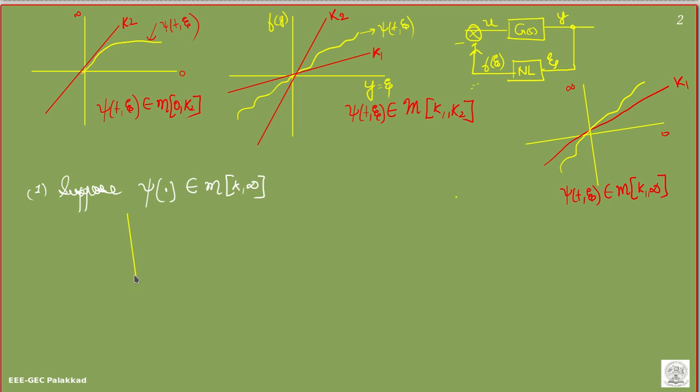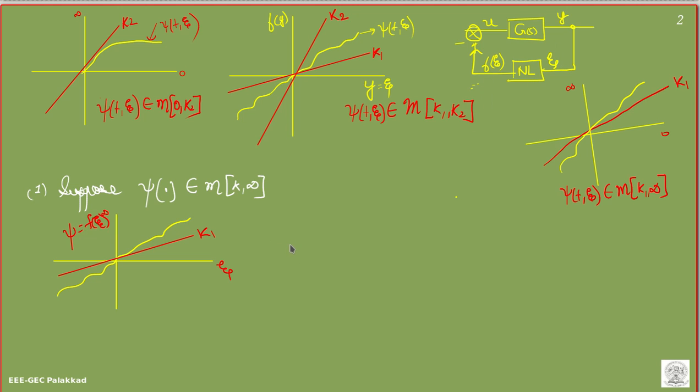So here I have a nonlinearity, and my sector is somewhere here. This is k1. This nonlinearity lies between k1 to infinity. So this is zeta and this is f of zeta, which I can call xi. So I give an input zeta to the system, I get the output xi.